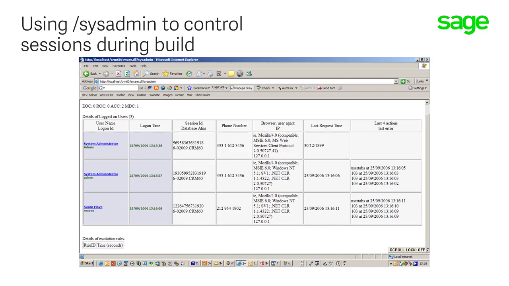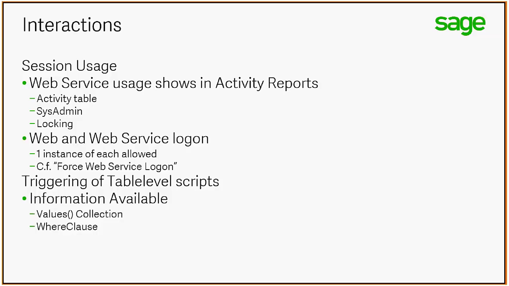So we know that we can see what goes on in terms of the sessions within the logs. We can see what goes on with the sessions inside the activity table, and we can see also within this flag sysadmin, we can see the sessions that we're creating. We can understand what's going on. So that means that we've got all of these interactions available to us, and we can understand that because we've got a session, things like locking would also apply.